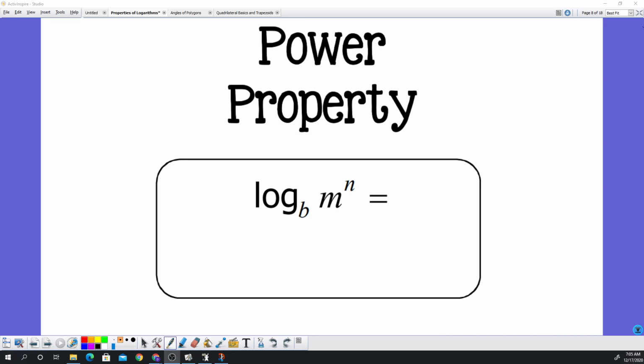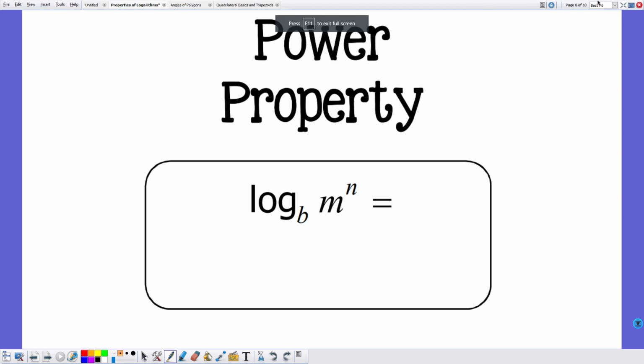Okay, now we have what is called the power property of logarithms. That's cool because logarithms are a way to rewrite exponents to begin with. So what happens when we take a log of a number raised to a power, a number that has an exponent? Well, here is what we can do.